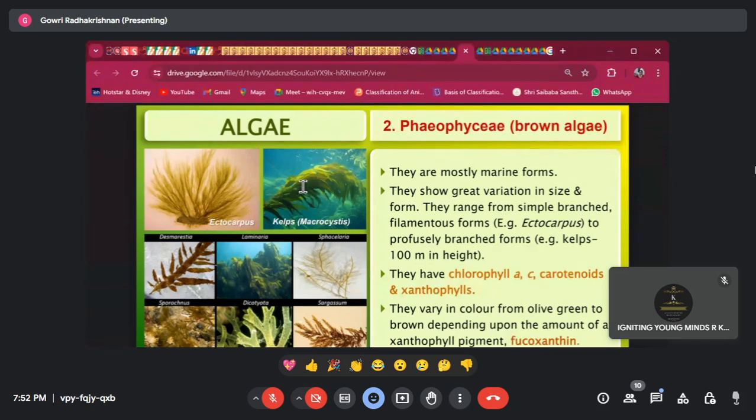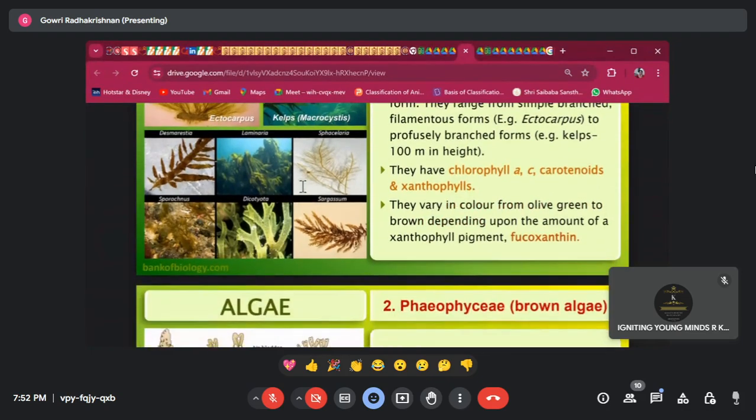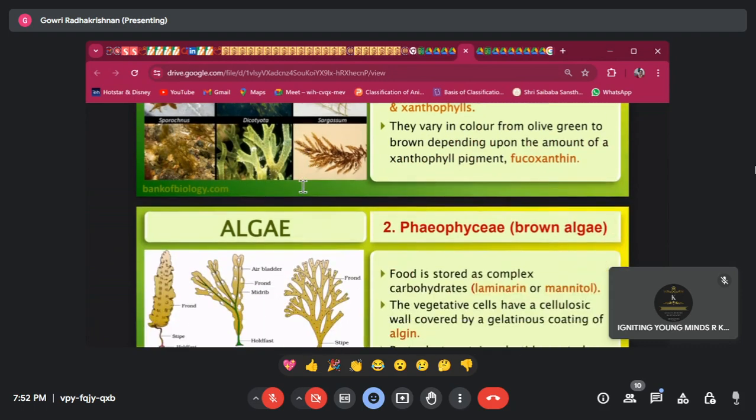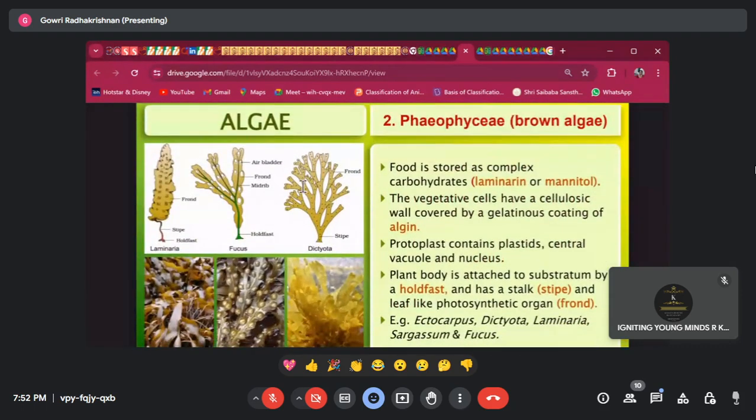They have chlorophyll A, C, carotenoids, and xanthophylls. They vary in color from olive green to brown depending upon the amount of the xanthophyll pigment, fucoxanthin. Food is stored as complex carbohydrates, laminarin and mannitol.